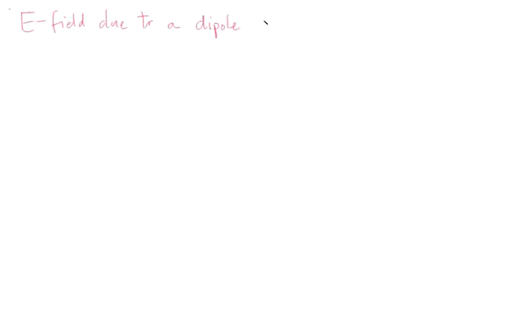Now what is a dipole? Well, a dipole is two equal and opposite charges. Here I've got one charge, plus Q, and another charge, negative Q. This is the dipole, and they're separated by a distance a.